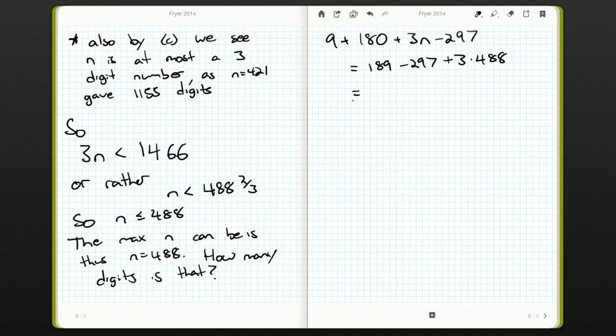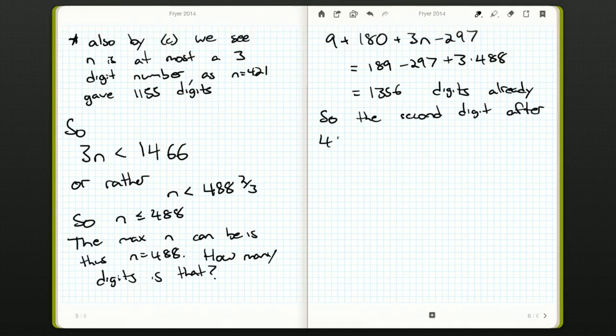So 189 minus 297 plus 3 times 488. So the second digit after 488 is the 1358th.